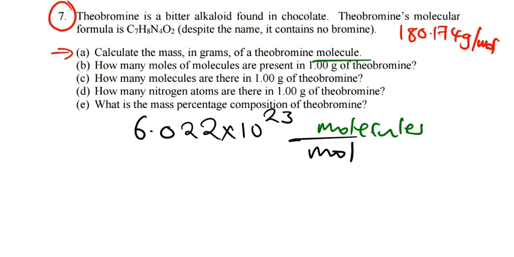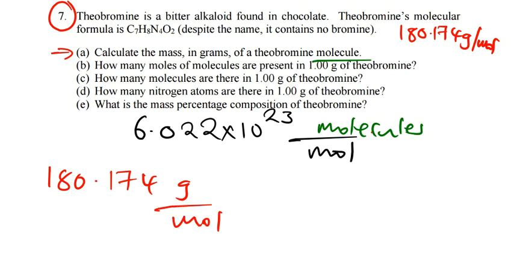With that understanding, let's use dimensional analysis by looking at the dimensions and try to see what's our goal. Our goal is to get the grams. So we've got 180.174 grams per mole. I want to do away with the moles, so I want to multiply by a reciprocal of this.